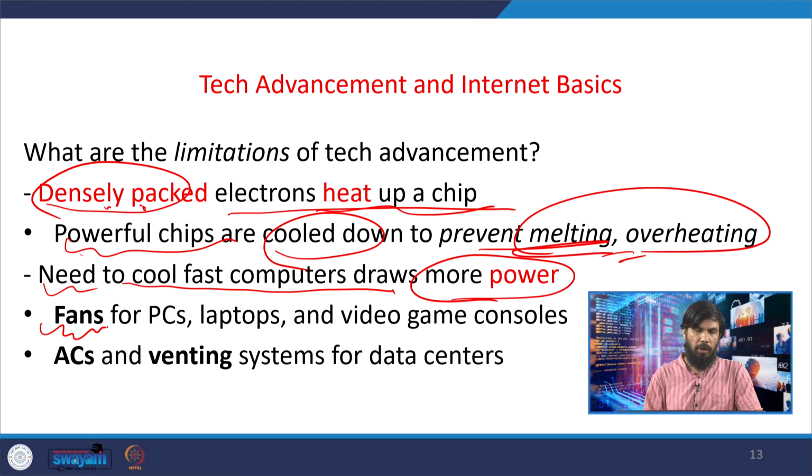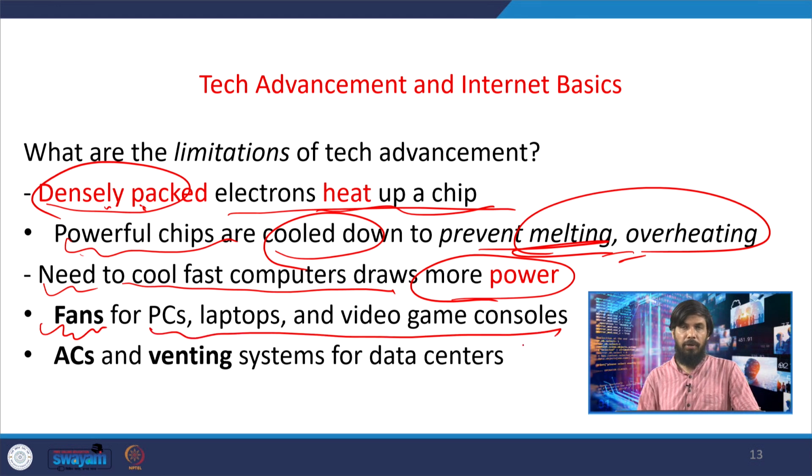That is why you see fans in PCs, laptops and video game consoles, so that the extra heat being generated can be thrown out, and ACs and venting systems in data centers. Why is all this there?